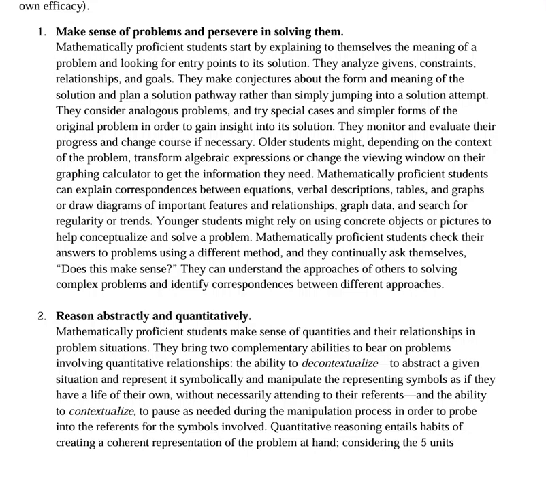They make conjectures about the form and meaning of the solution and plan a solution pathway rather than simply jumping into a solution attempt. They consider analogous problems and try special cases and simpler forms of the original problem in order to gain insight into its solution. They monitor and evaluate their progress and change course if necessary.